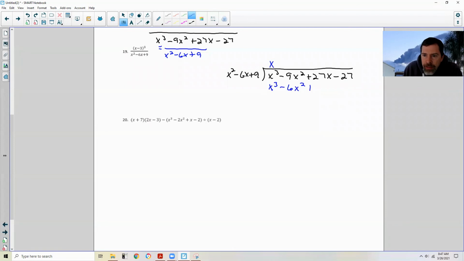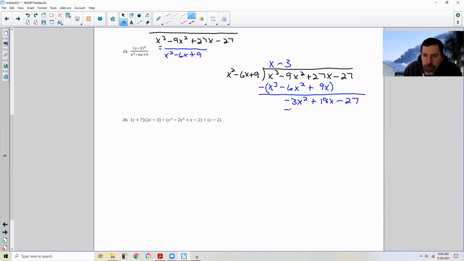9 times x is 9x. And when I subtract this, I get 0. I get negative 3x squared. I get 27 minus 9 is 18 minus 27. And then when I look at this, I do need a minus 3.